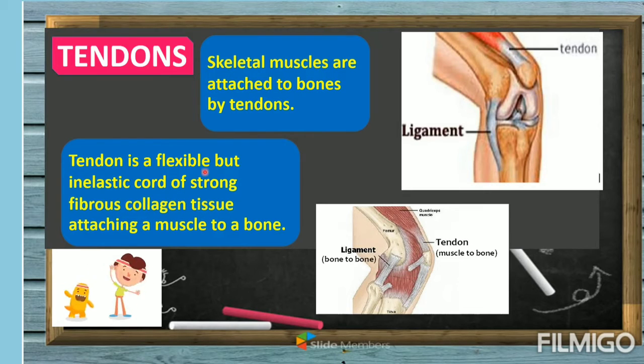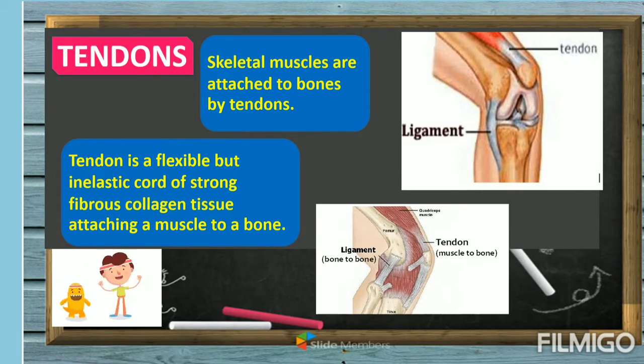A tendon is flexible, meaning it can be stretched, but inelastic, meaning slow to react or respond to changing conditions. It is an inelastic cord of strong fibrous collagen tissue attaching a muscle to a bone. Again, tendon attaches muscle to the bones.